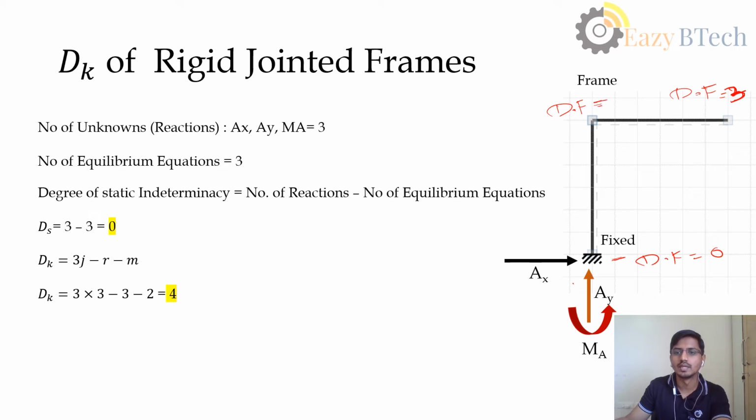Since this is a free joint, here also we'll get 3. Right? But here the assumption is that this frame is inextensible.